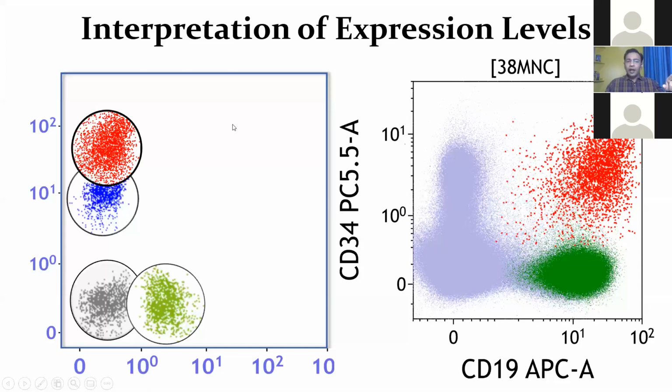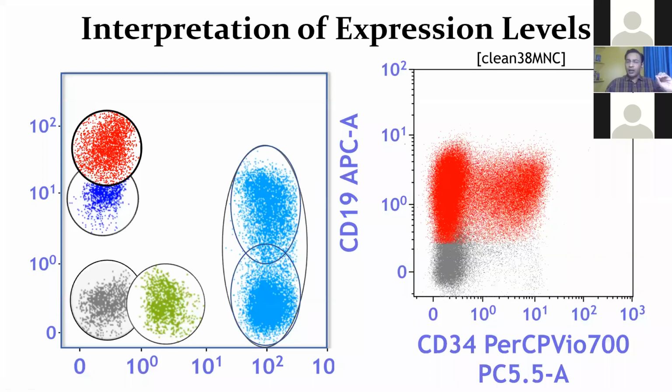Now, sometimes we also call it partial. For example, here the red dots represent blasts. If you look at CD34, a part of the blasts is CD34 positive and part is CD34 negative. We call them subset or partial expression. Here you can see the blue population, a partial or separate subset expression of a particular antigen.